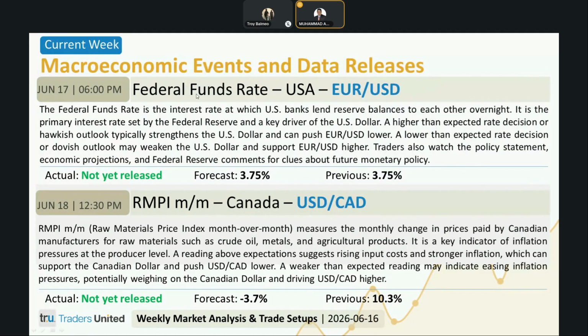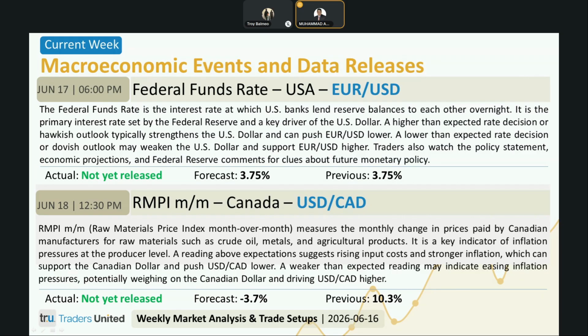Now, let's start with the first one, federal funds rate in USA. Now, what is the federal funds rate in USA? The federal funds rate is the primary interest rate set by the Federal Reserve in USA.